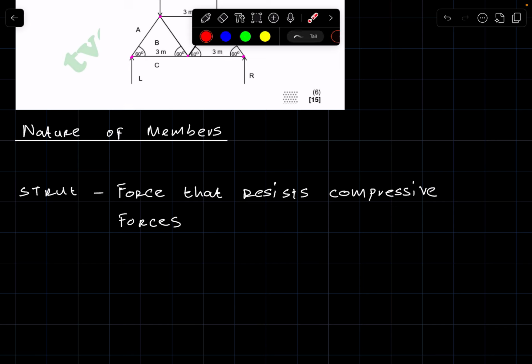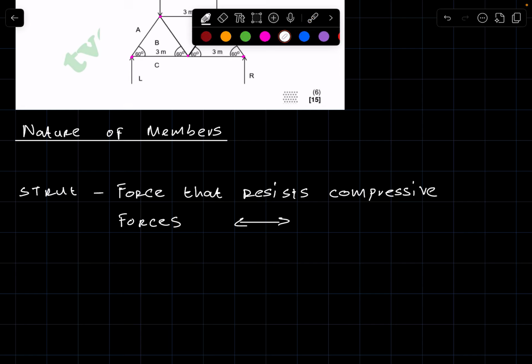So a member, or the nature thereof, is a strut if the member is such that it resists compressive forces. So members that resist compressive forces are those that tend to go in this direction.